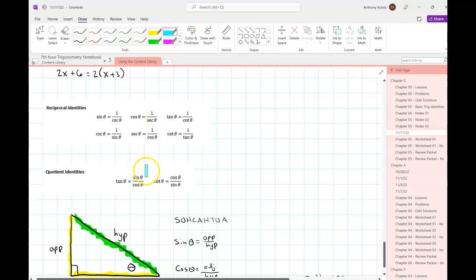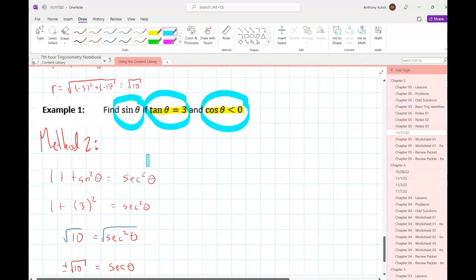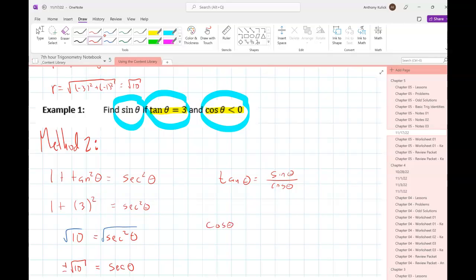Just color code it. We're trying to find sine, so I'll multiply both sides by cosine theta to get the sine theta by itself.